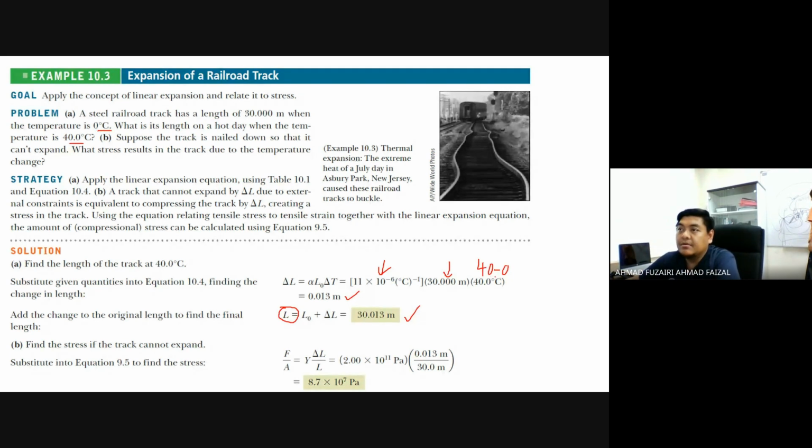Suppose the track is nailed down so that it cannot expand. What stress results in the track due to the temperature change? From the previous chapter, where we learned about Young's modulus, you apply the Young's modulus of the steel with delta L and L naught, and you find that the stress is equivalent to 8.7 times 10 to the power of 7 Pascal.